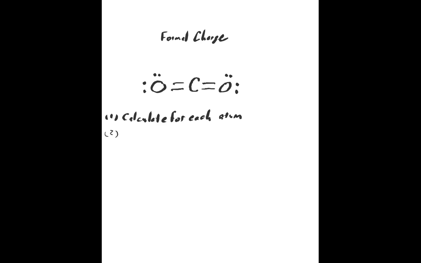Here's what you do. From the periodic table, you look up the number of valence electrons. So that's your first step, okay? So I'm going to do it for these 3 atoms, right? Let's do it for all 3 of them, OCO.